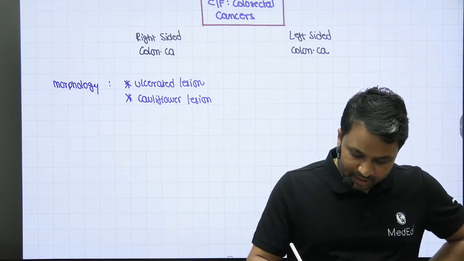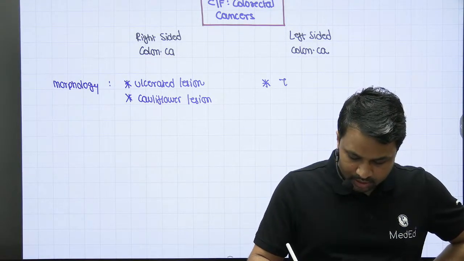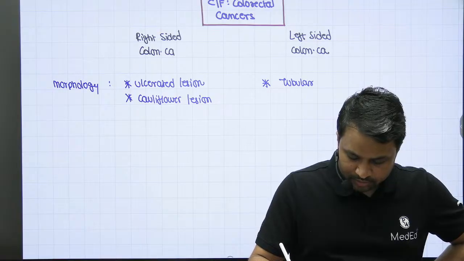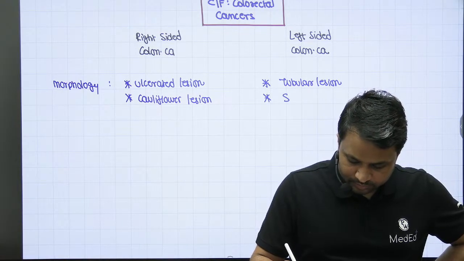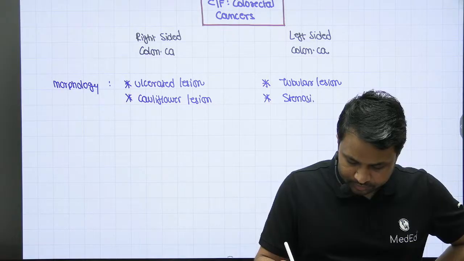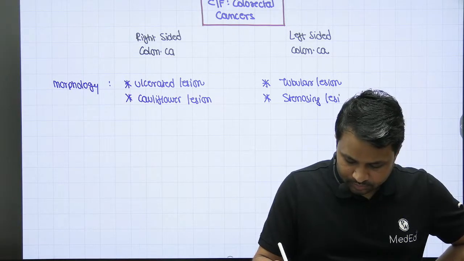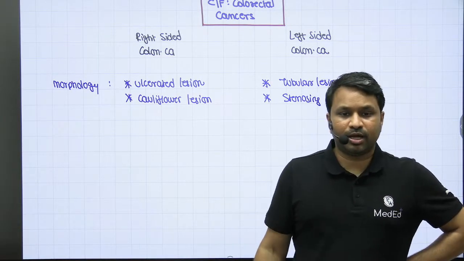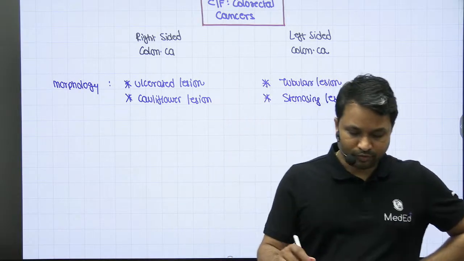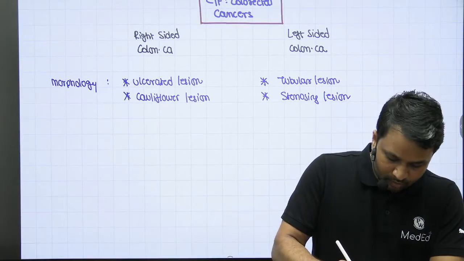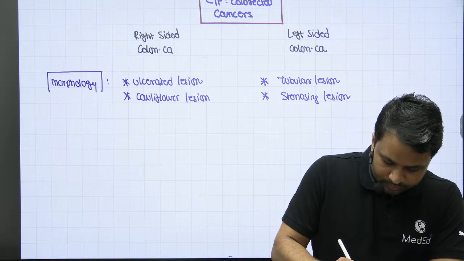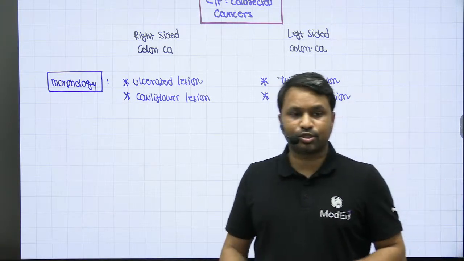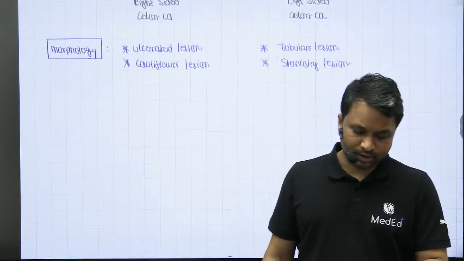For the left-sided colonic cancers, it is the tubular lesion and the stenosing lesion. So morphologically you have two varieties: ulcerated and cauliflower lesions on the right side, tubular and stenosing on the left side.